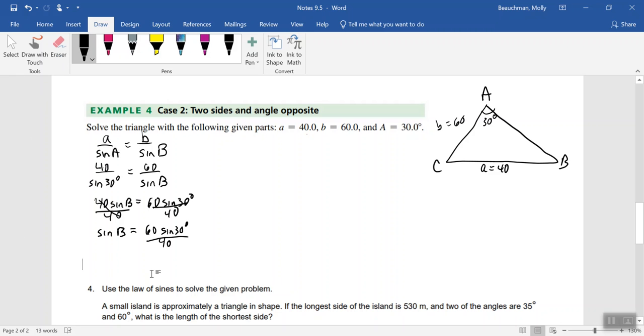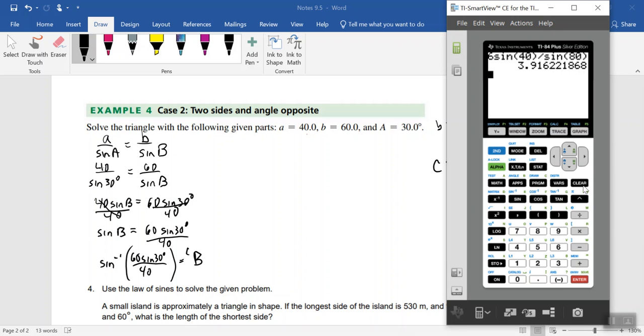Actually, I think I want to do the inverse sine. I don't want to round to the final answer. So the inverse sine of this expression, 60 times the sine of 30 degrees over 40, is going to equal the angle that I'm looking for.